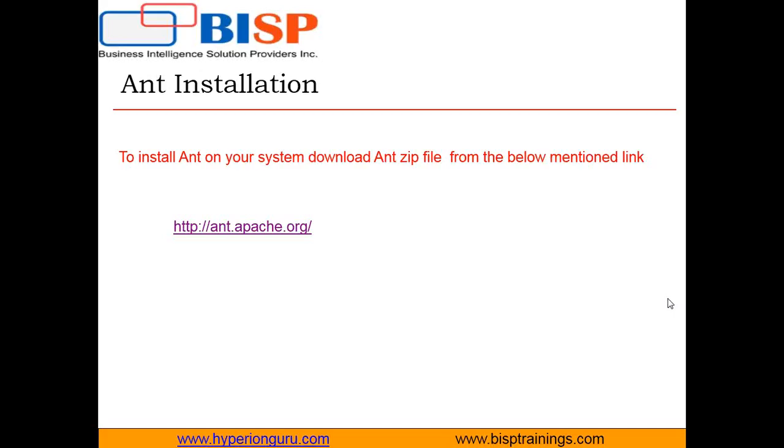Before installing Apache Ant on an operating system, we need to make sure that we have already downloaded and installed JDK on the computer. If you haven't done that yet, you need to download and set it up. How to download and set up Java on an operating system?